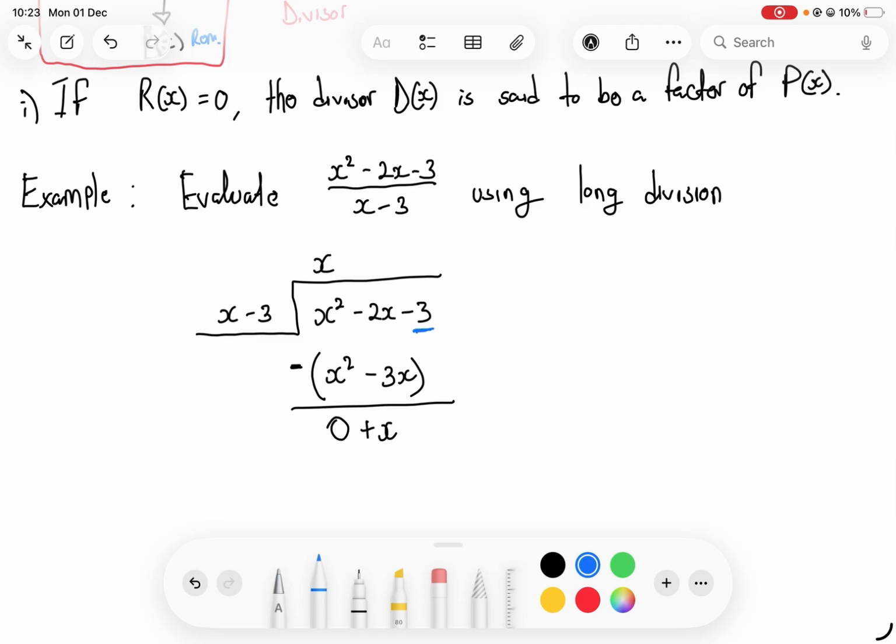There's no other constant here, which means it's minus 3 minus 0. Seemingly 0, or you can just drop the constant. It's the same thing as subtracting 0 or just dropping the constant as it is. So which means I'll have minus 3.